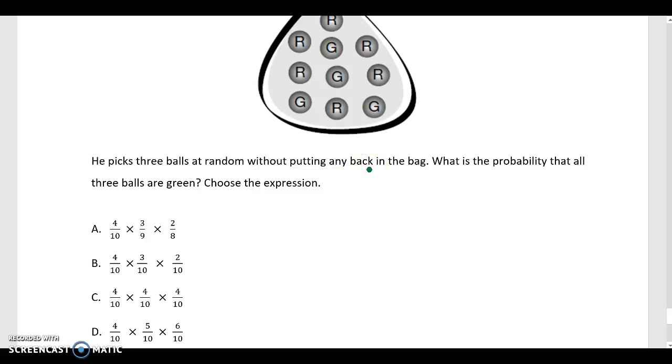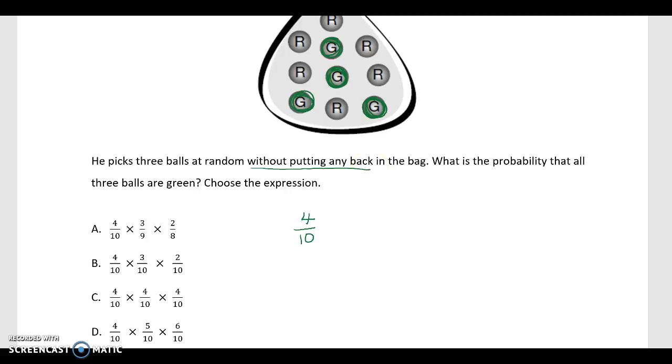Okay, so first of all, we have 1, 2, 3, 4 green. So we counted 4 green, and there's 1, 2, 3, 4, 5, 6, 7, 8, 9, 10. So there's 10 total. And if you look here, since it doesn't want me to simplify, I'm not going to simplify, but then it says without putting any back.